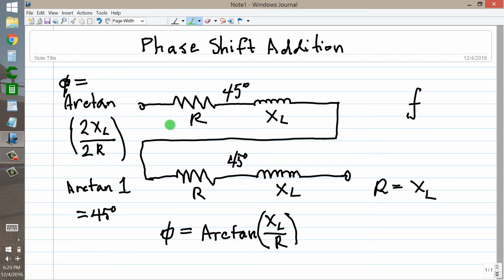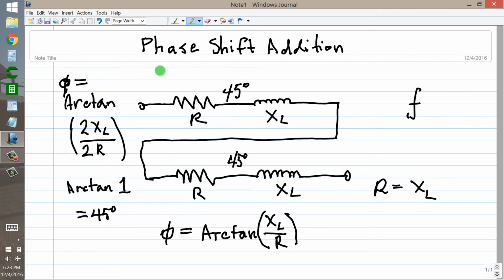So, if we have one circuit that produces a phase shift of 45 degrees, and at the same frequency we take the identical circuit, which by itself would produce a phase shift of 45 degrees, and if we connect those two circuits in series, we're going to end up with the exact same phase shift that we had with either circuit alone.